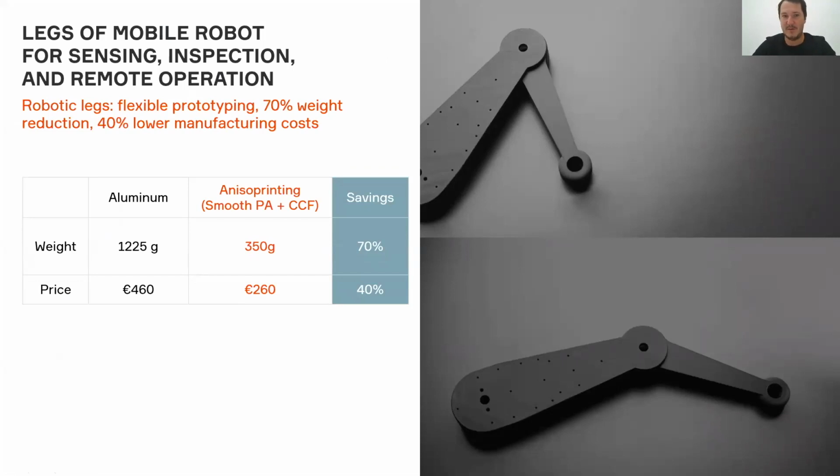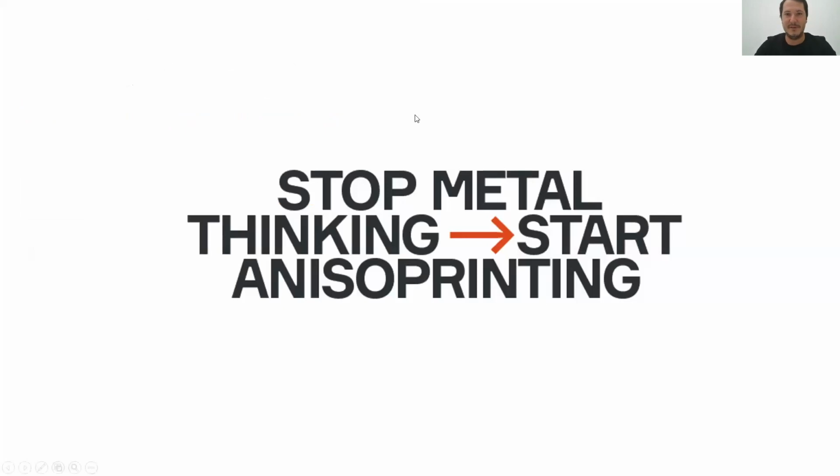So it's the robotic system, leg for the inspection robot, which was manufactured with our new materials, the smooth PA and the continuous carbon fiber, replacing standard traditional aluminum parts by saving the weight for almost 4 times and almost 2 times the price, using the continuous fiber printing technology. This is it from the presentation.